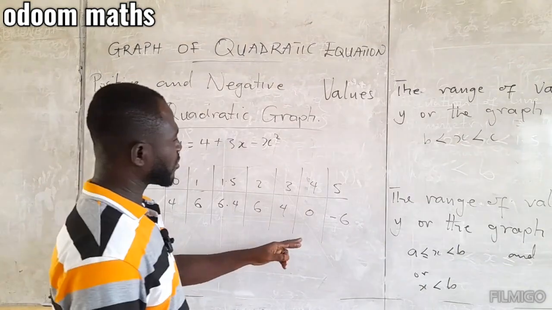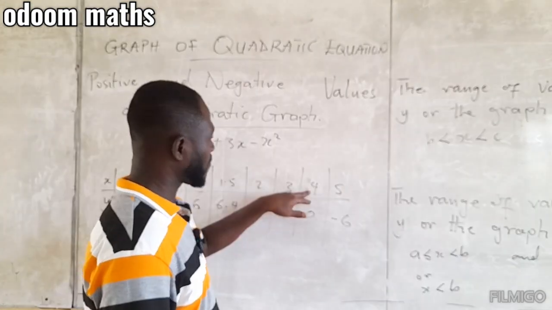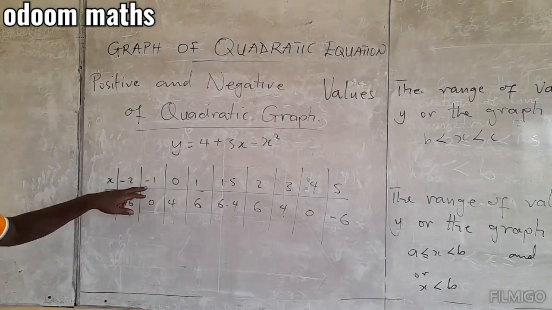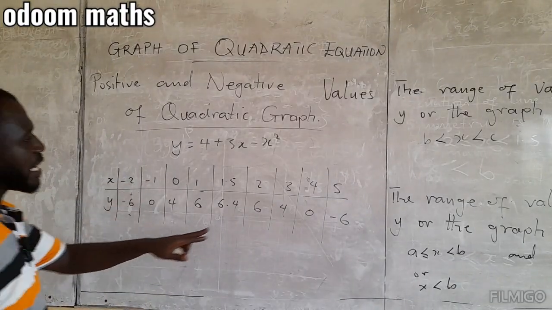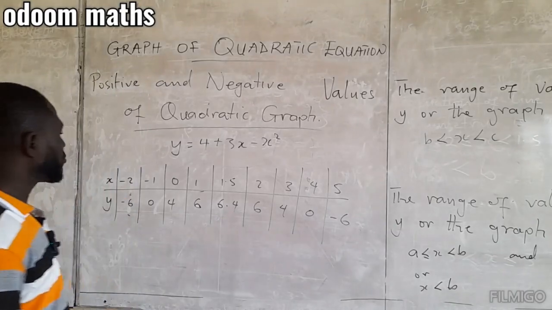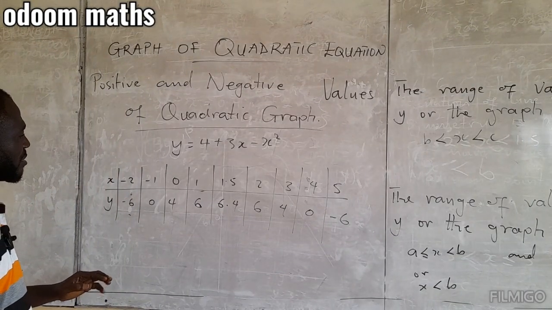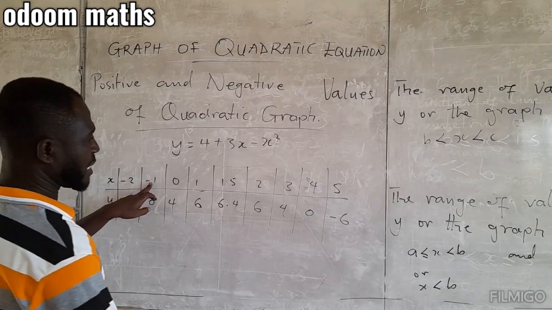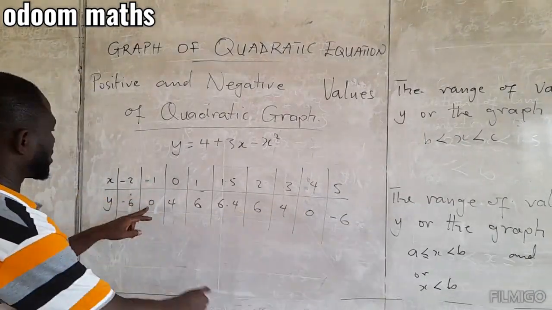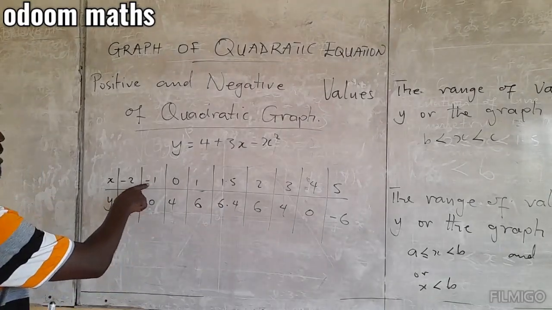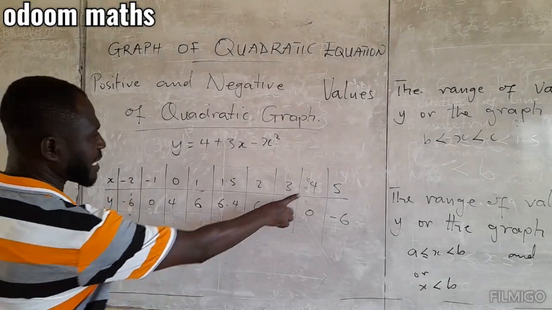Then x is also greater than 4. So here x is less than -1, then here x is greater than 4. Then when we come to the positive values, that is between -1 and 4, because at those points y values are 0. So we say that -1 less than x less than 4.